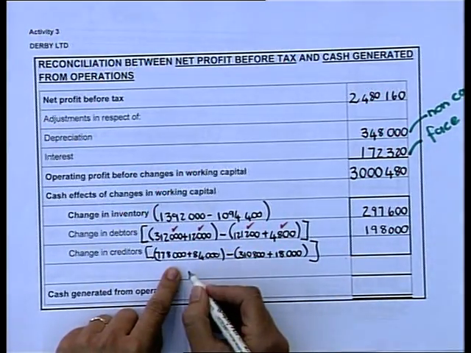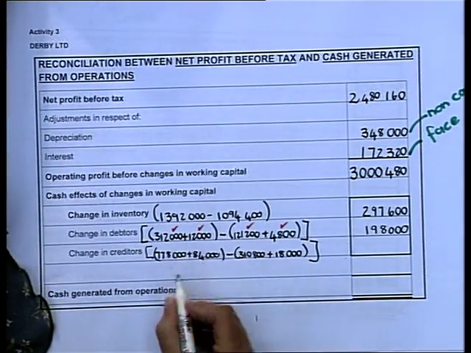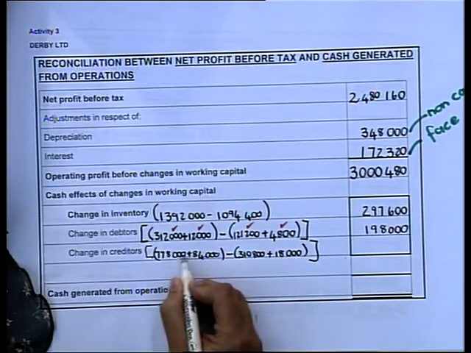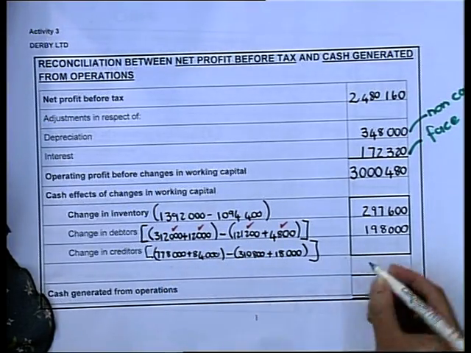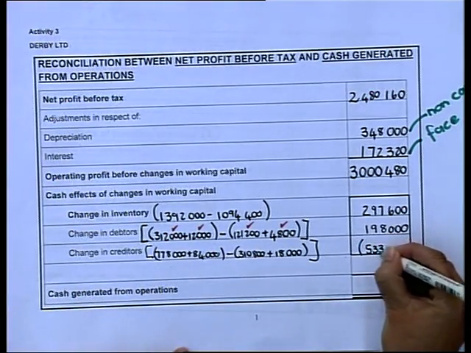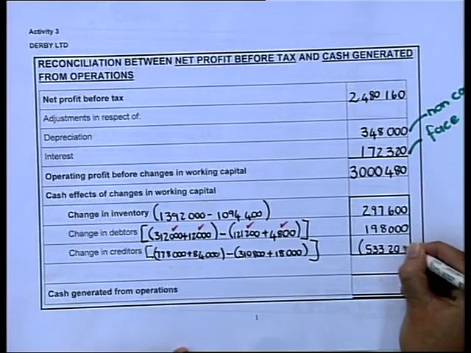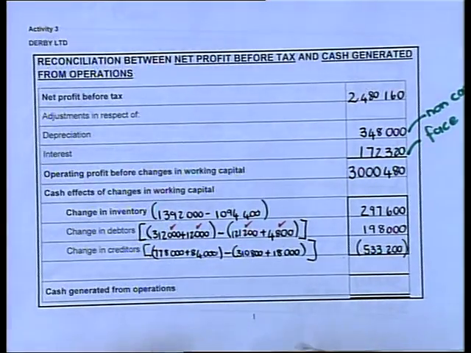And the difference between those two: the sum of this one is 862,000, and the sum of this is 328,000. So I had a negative outflow of 533,200. So what happened here?